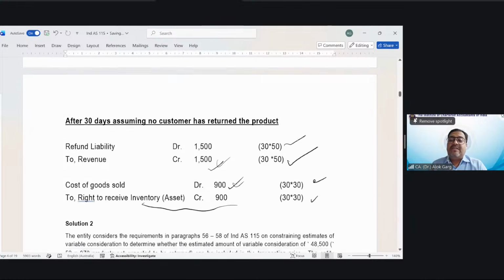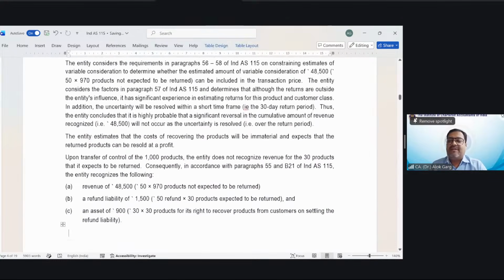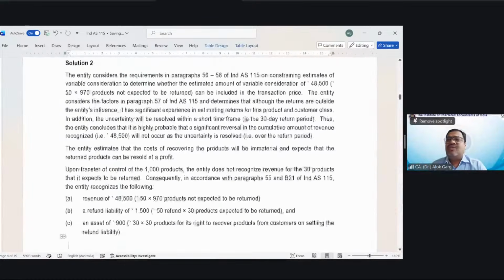I hope it is clear to everyone. You can see the solution which is given in the study material or by ICAI. You are not required to write this detailed theory with the paragraph number. No, not required. What you need to mention is your workings and steps clearly, with some narrative, in your own language.